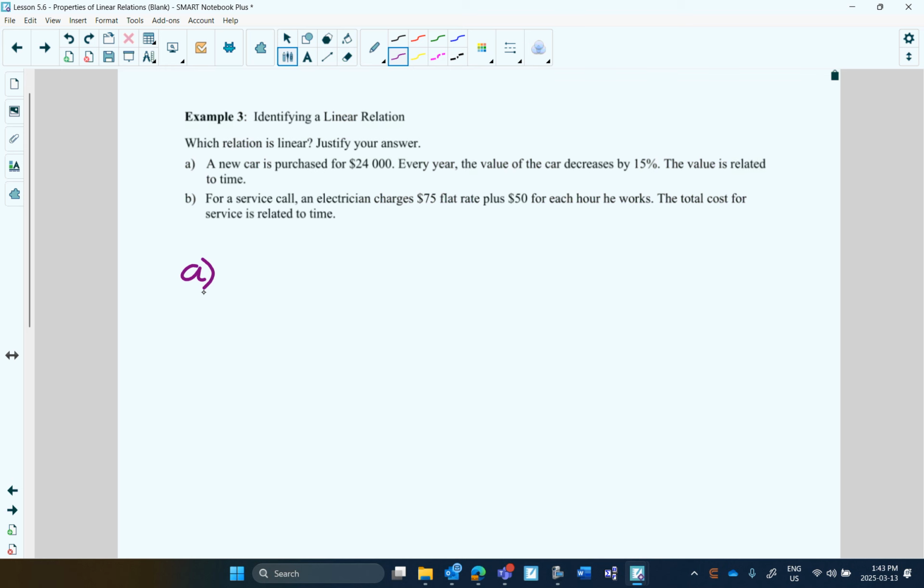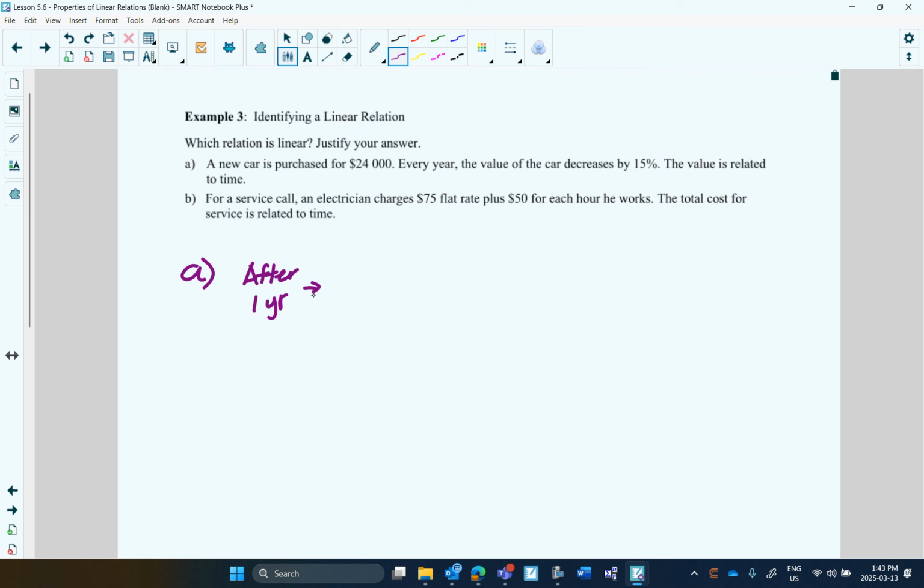So I want to see if it's going down in a linear fashion. Does it go down the same amount every year? So let's find how much the car is worth after 1 year. It goes down by 15% of 24,000. How do I calculate that?